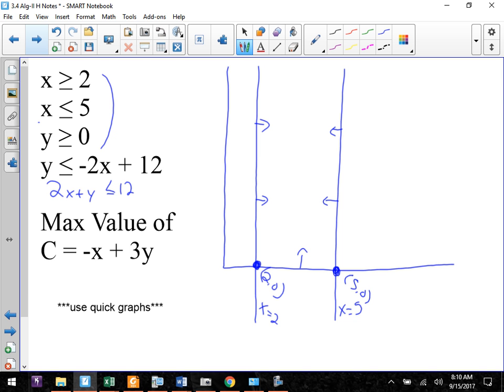What's your y-intercept? What's your x-intercept? 6. And then I have to connect those two. What direction do those go?